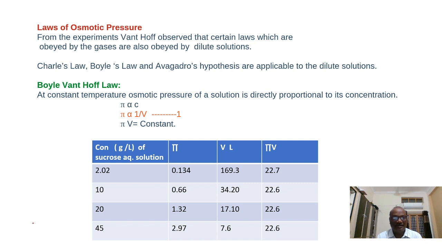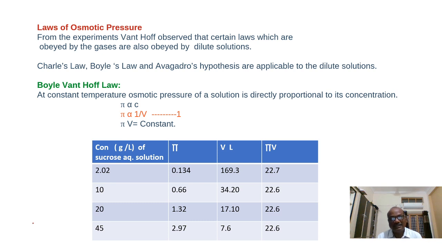So three things you have to observe here: osmotic pressure, concentration, and the volume of solution due to dilution. Osmotic pressure is directly proportional to concentration, but concentration is inversely proportional to volume. As the volume increases for a fixed mass of solute, concentration decreases, and therefore osmotic pressure also decreases.